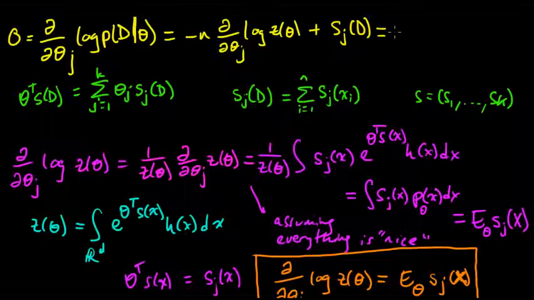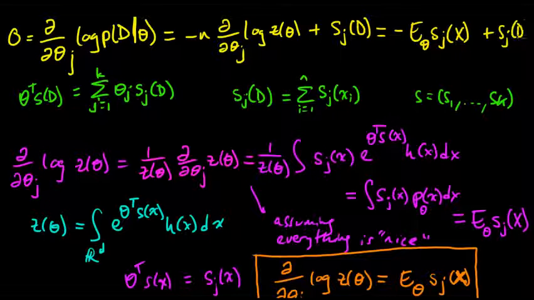So let's go back here. This is minus n times the expected value under theta of sj of x, plus sj of d. So this is looking sort of interesting. We have sj here and here.